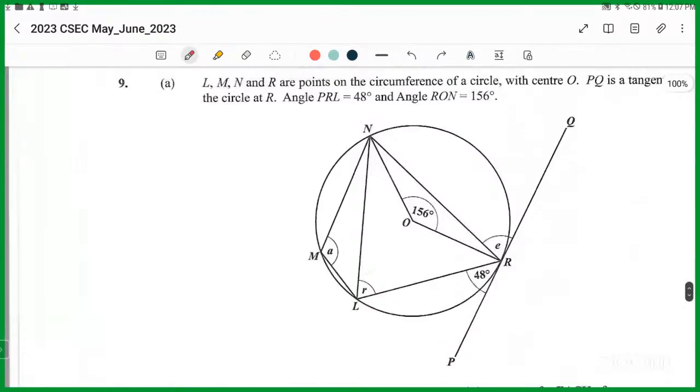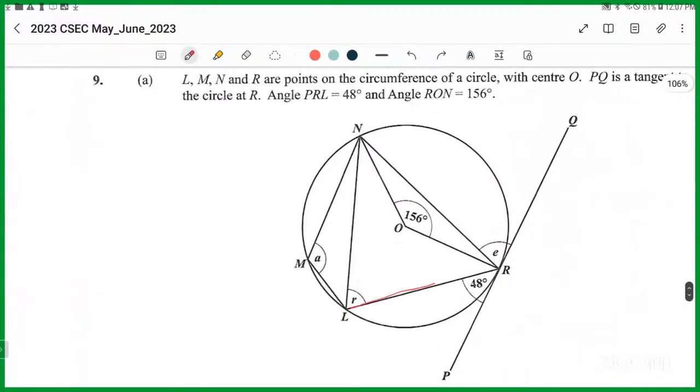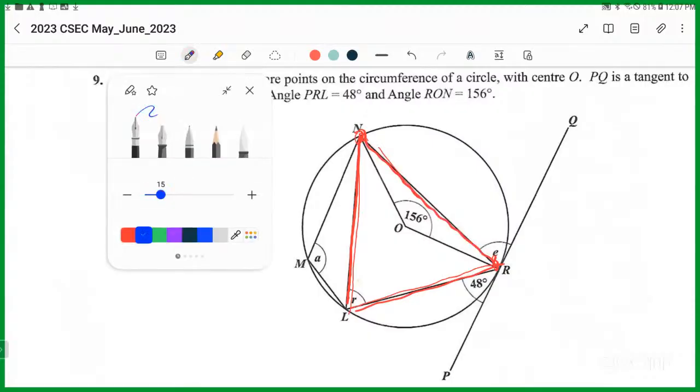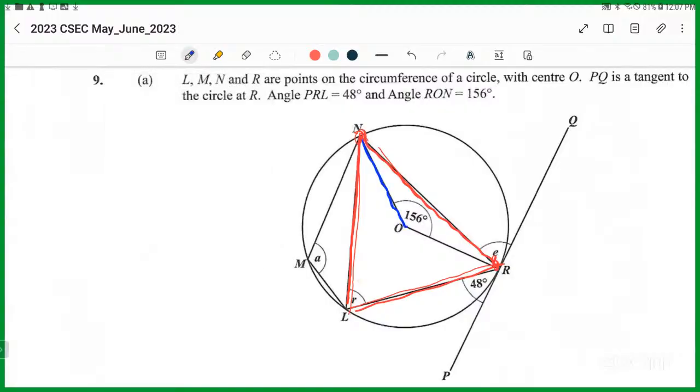So that's the center rule. If you don't know, you can come back until you reach the circumference here. Find what is subtending the angle at the circumference. It is this chord clearly, and the same chord is subtending this angle at the center, 156. The center is twice, so this angle is going to be half of 156.